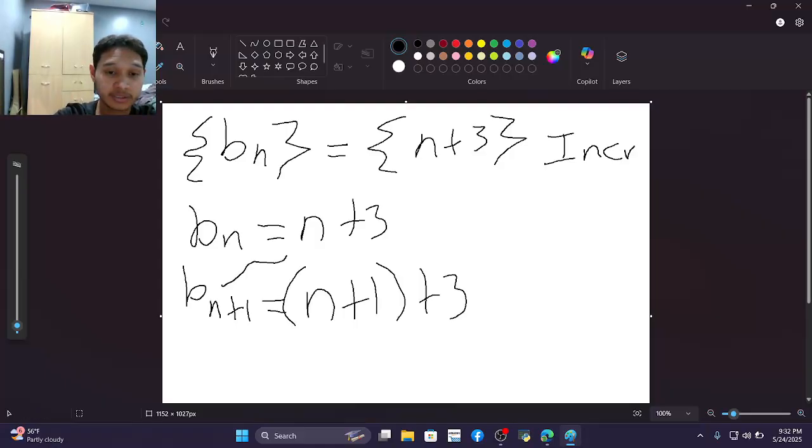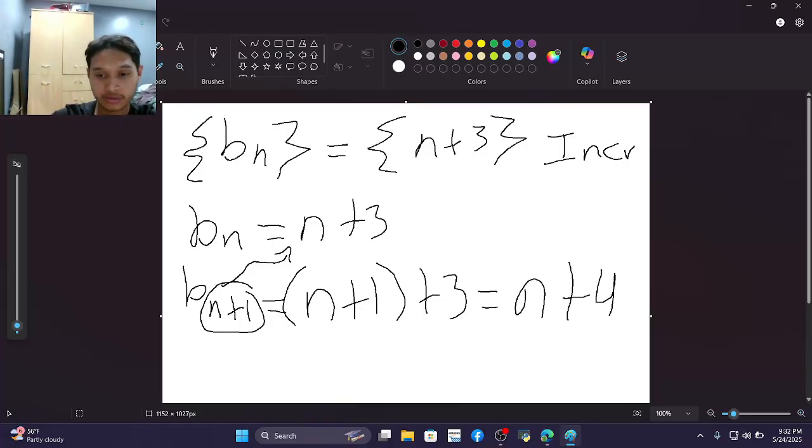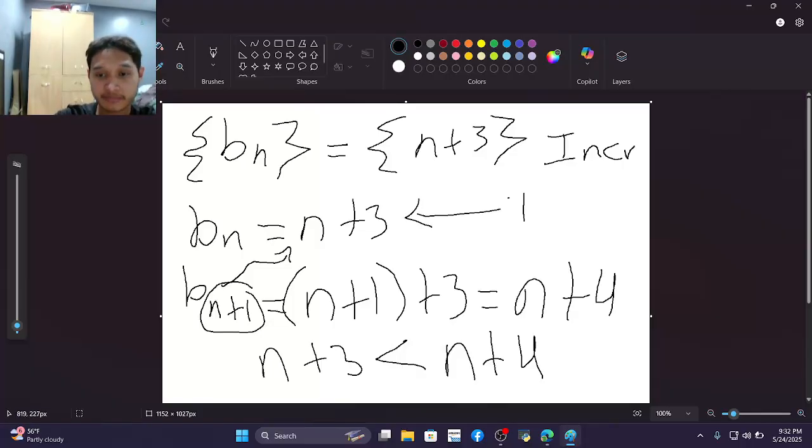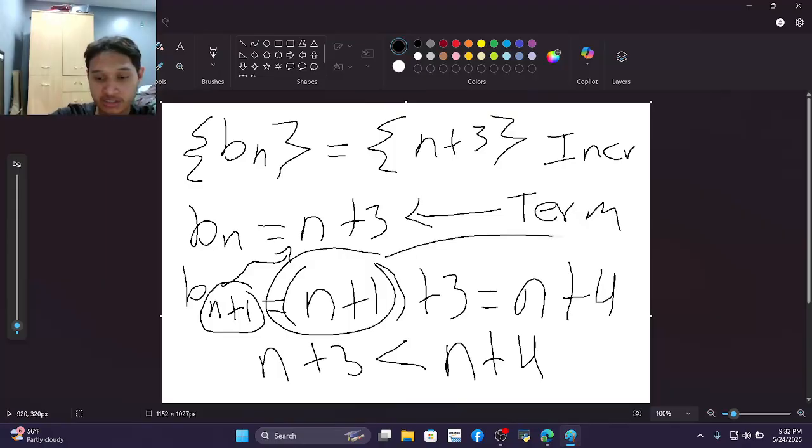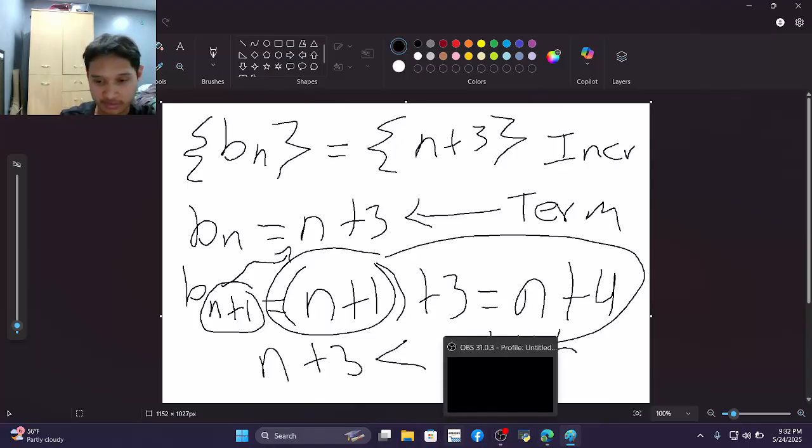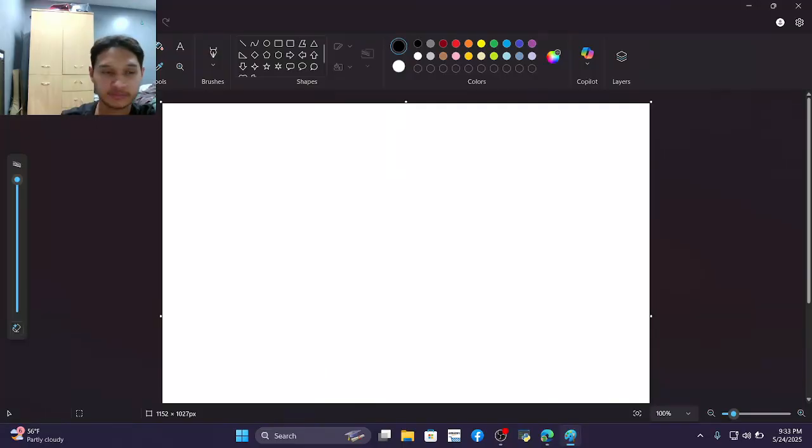Because we're substituting the n with this. Now if we do the addition, we get n plus 4. This is what I want to point out: n plus 3 is smaller than n plus 4. This is the first term, and this is the next term. So this is an increasing sequence.